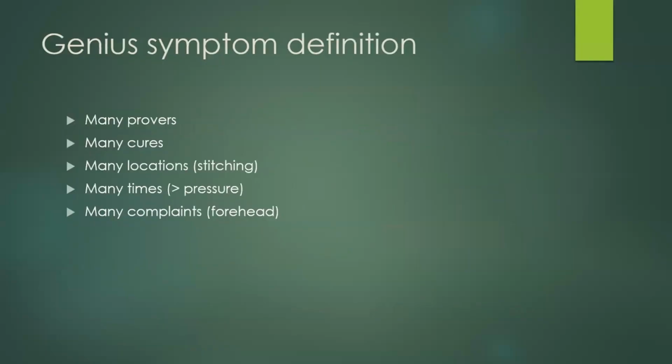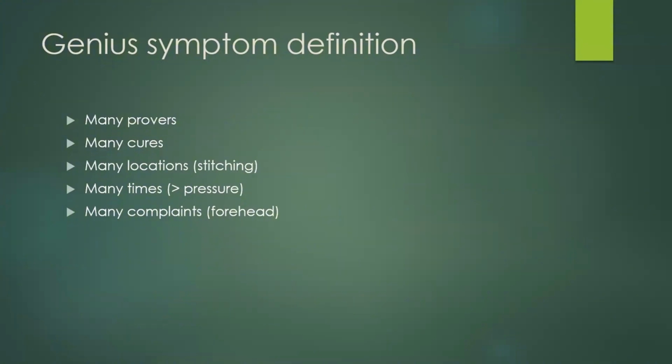A genius symptom is a symptom that appears in many provers or many cures. You meet it very often. Like stitching is a genius symptom for Bryonia because you may have the stitching in many places. So it's the strong things, it's not the generalized. You see the difference with generalized, the symptom of the eyes there, and this one, it's totally different, okay?